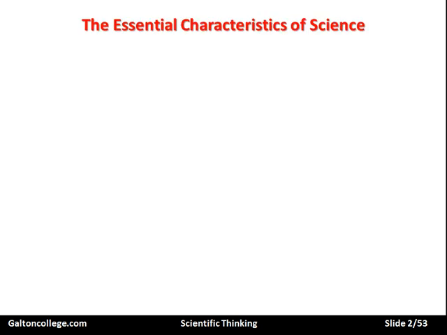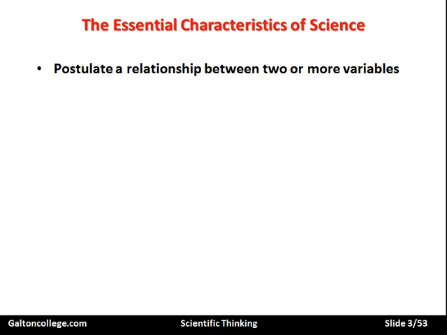First of all, let's look at the essential characteristics of a science. Well, a science starts with postulating or asserting a relationship between two or more variables. So the variables could be, if two chemicals are combined, the consequence will be a certain reaction.